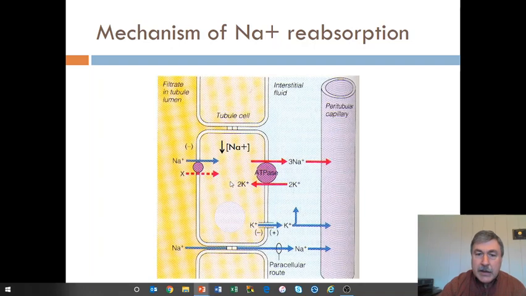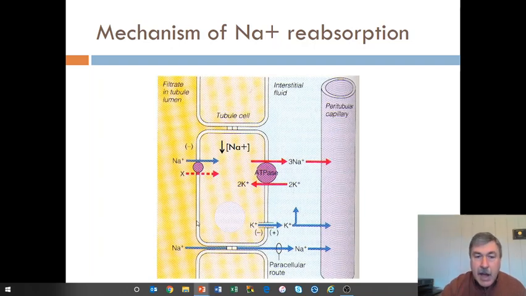And so the concentration of sodium in these tubular cells is always lower than the concentration of sodium in the filtrate. So we have a concentration gradient for sodium, where it's higher in the filtrate than it is on the inside of the cells. So these sodium-potassium ATPase pumps create what's called a standing gradient for sodium across the luminal membrane.